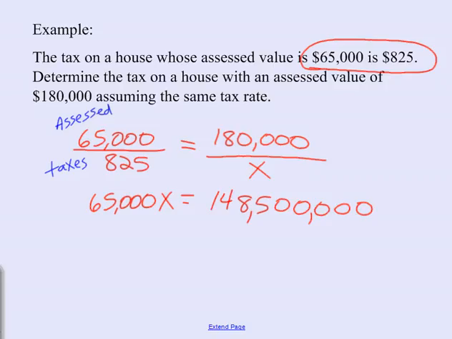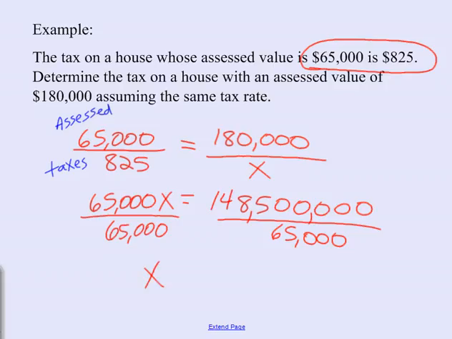Now we're going to divide both sides of this by 65,000. On the left side, we're left with x. And on the right side, we're left with $2,284.62.